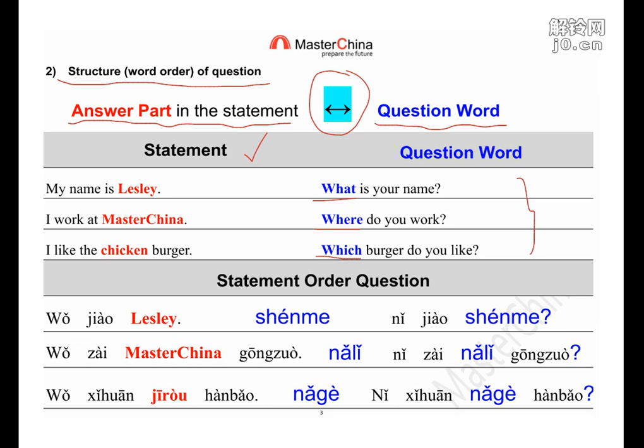But how about the Chinese question? In Chinese, we figure out the answer part in the statement first.